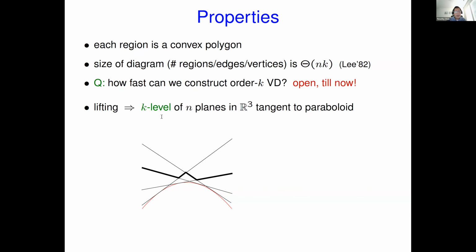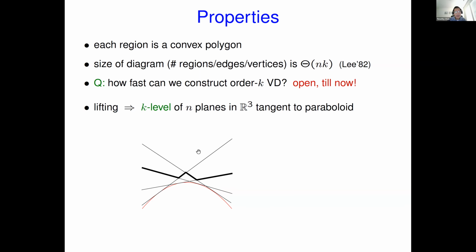The k-level is defined to be the subarrangement consisting of all points for which there are exactly k minus 1 objects below the point. Okay, this is obviously a picture in 2D because I can't draw well in 3D, but you get the idea.